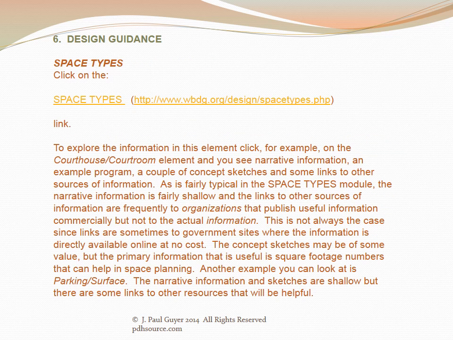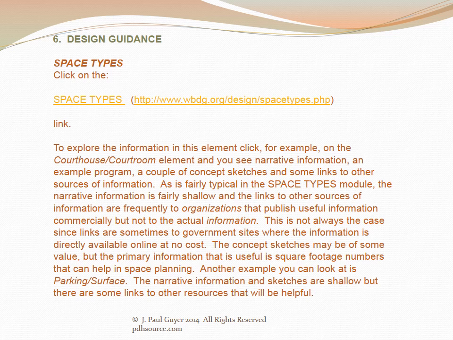Clicking on Space Types links. To explore the information in this element, click, for example, on the Courthouse Courtroom element, and you see narrative information, an example program, a couple of concept sketches, and some links to other sources of information. As is fairly typical in the Space Types module, the narrative information is fairly shallow, and the links to other sources of information are frequently to organizations that publish useful information commercially, but not to the actual information.